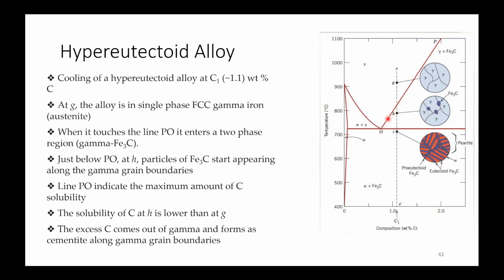This line PO indicates the maximum amount of carbon solubility, so solubility will decrease with reducing temperature. So the solubility of carbon at H is lower than G, so excess carbon will form cementite. So excess carbon comes out of gamma and forms cementite along gamma grain boundaries.